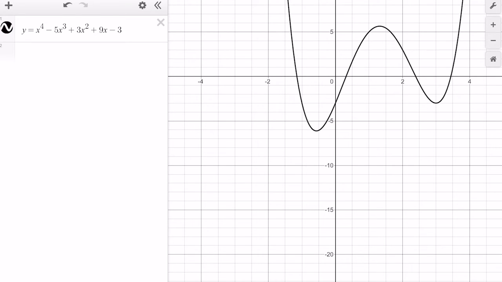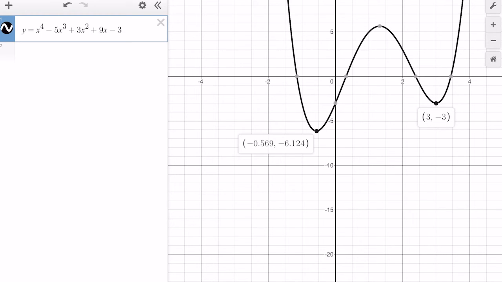Okay, so now just looking from -5 to 5, we want to locate any local maxes and mins. So I see a min here, and my min would be -6.124, and I see another local min there at -3.